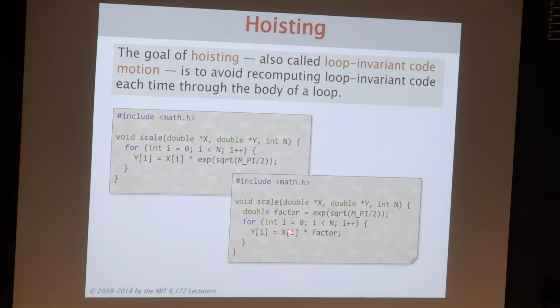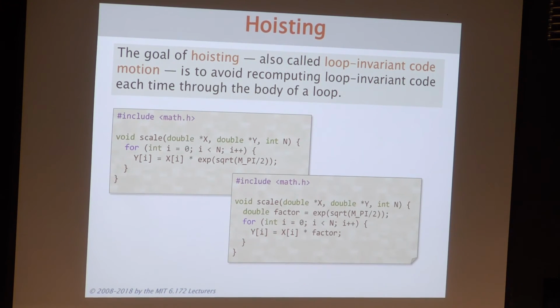So here's a version of the code that does hoisting. I just moved this expression outside of the for loop and stored it in a variable factor. Now inside the for loop, I just have to multiply by factor. I already computed what this expression is. This can save running time because computing the exponential of the square root of pi over 2 is relatively expensive.